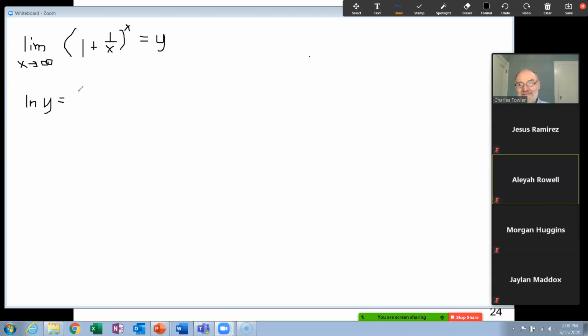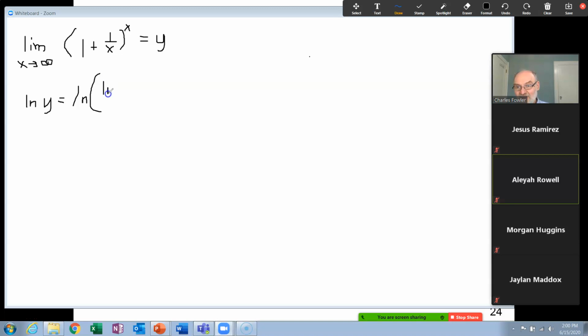I don't want to do it, but I sort of have to. That would be the log of the limit, because y is equal to that limit, and the log of y would be the log of that limit.